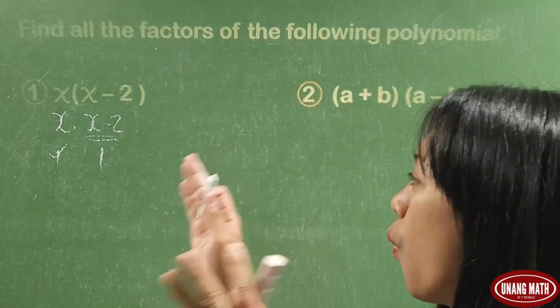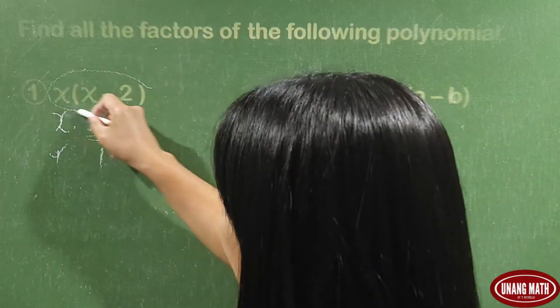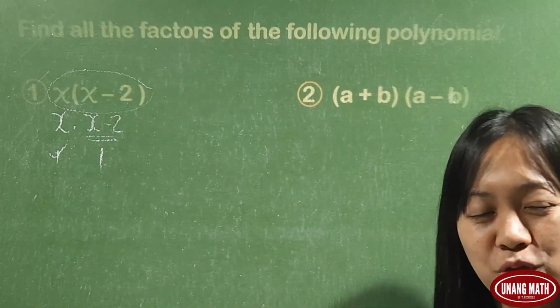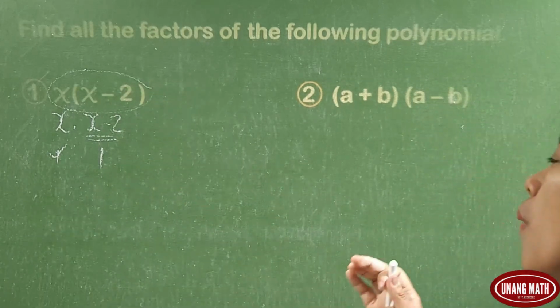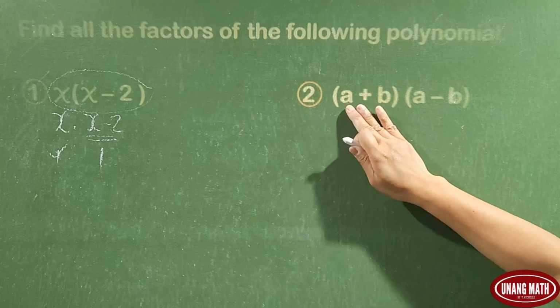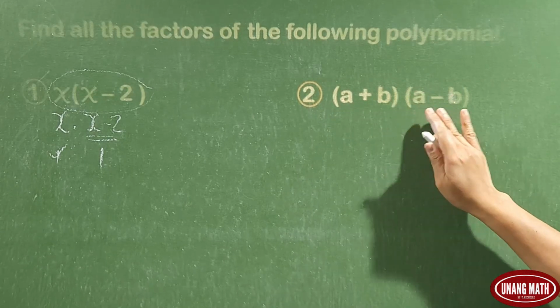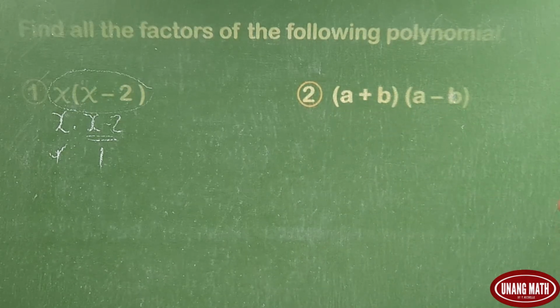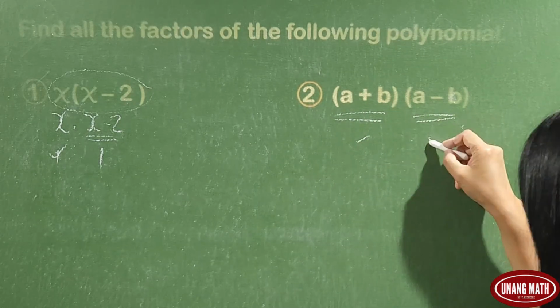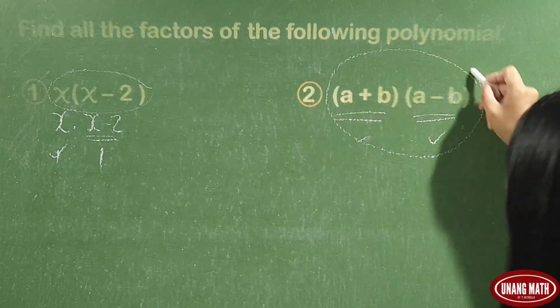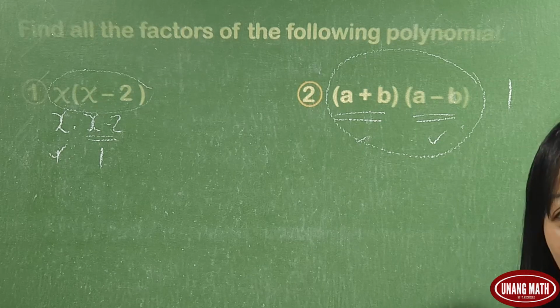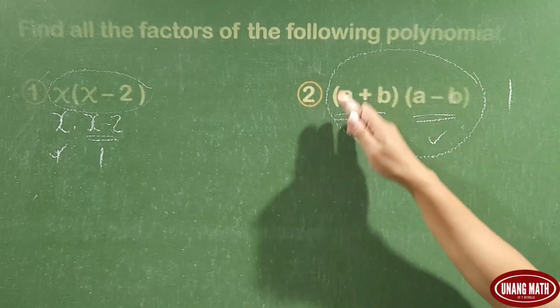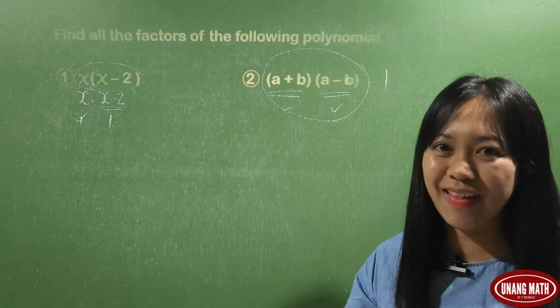And take note, 1 and the number itself are also factors. So there are 4 factors for this given. What about here? a plus b times a minus b. So this is a factor. This is also a factor. This given is a factor and 1 is considered a factor. So we also have 4 factors for this given.